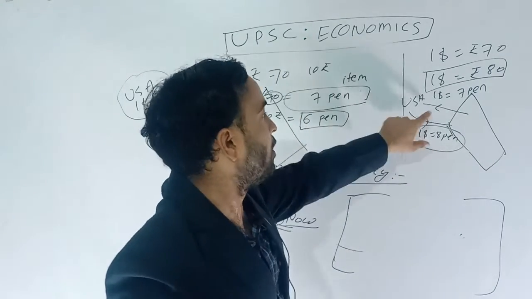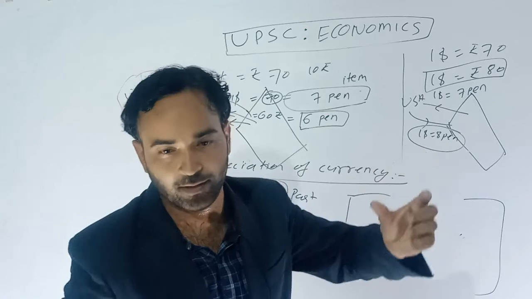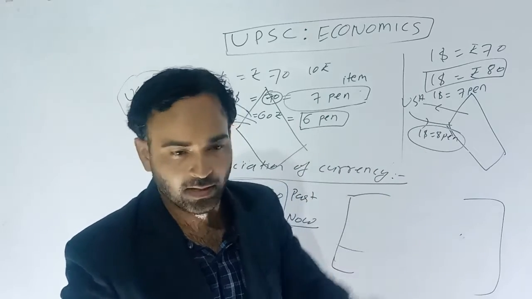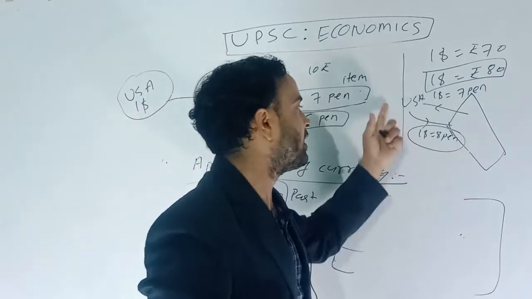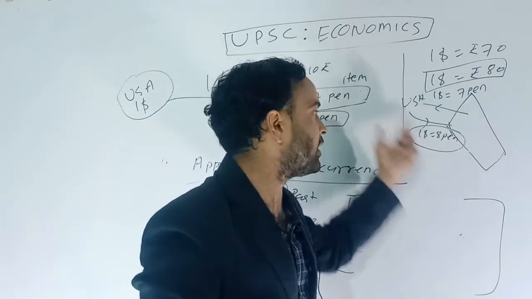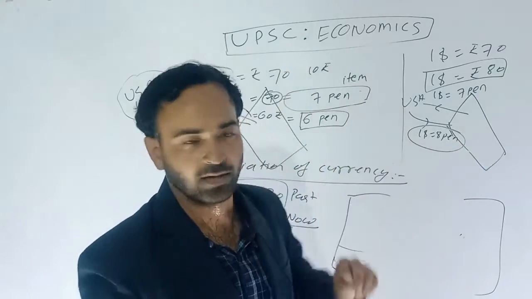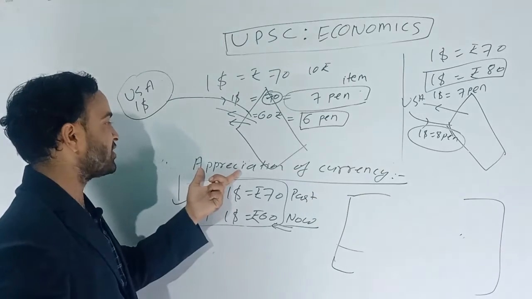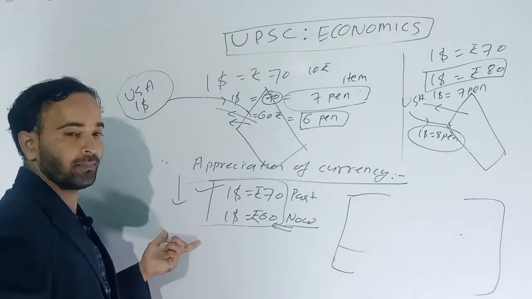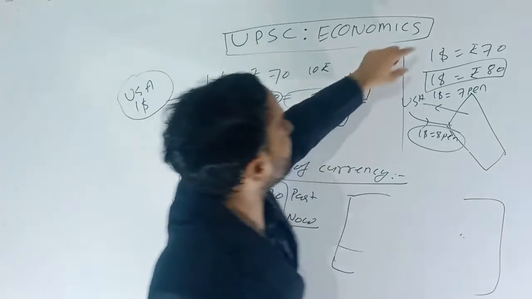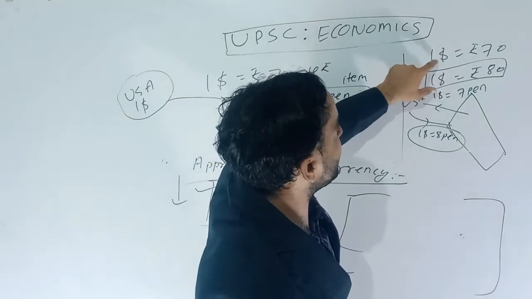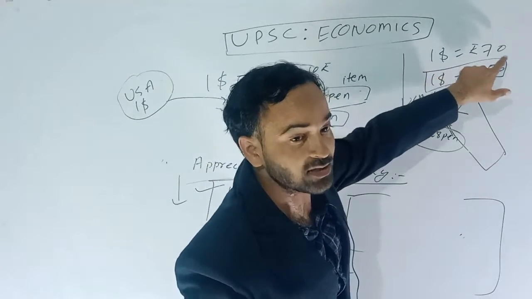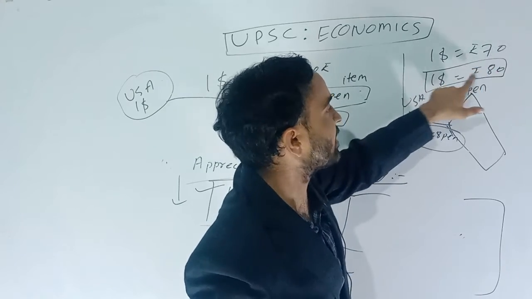Then he will get more and more benefit. He will get many pens, and so my export will increase. In the other situation, whenever there is appreciation of the currency, my export will decrease. And whenever there is depreciation, for $1 he was getting only 7 pens, now he is getting 8 pens.